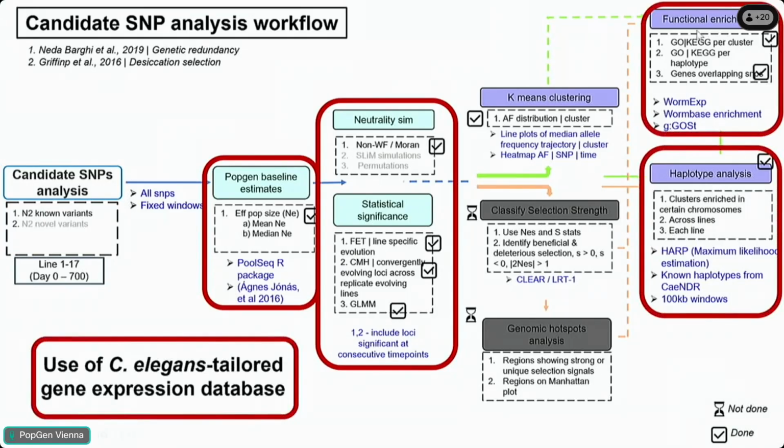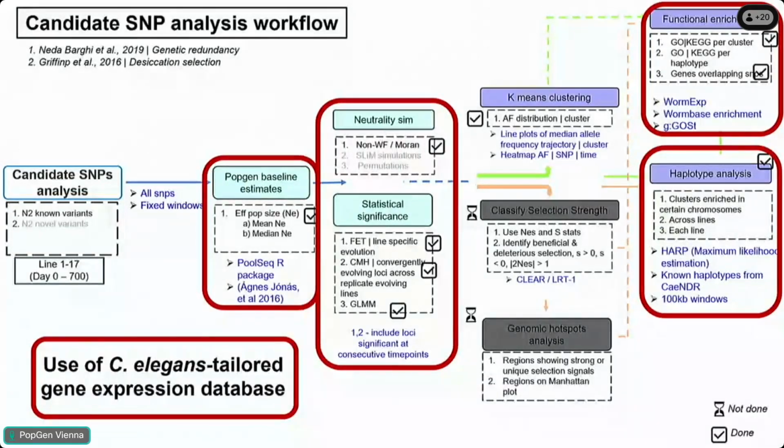And to understand what kind of functions are selected, we are doing enrichment analyses. And there we are very happy and lucky that we have a C. elegans tailored database for enrichment analysis that we established based on all published gene expression data sets. And we realized already quite a couple of years ago that this is an extremely valuable resource.